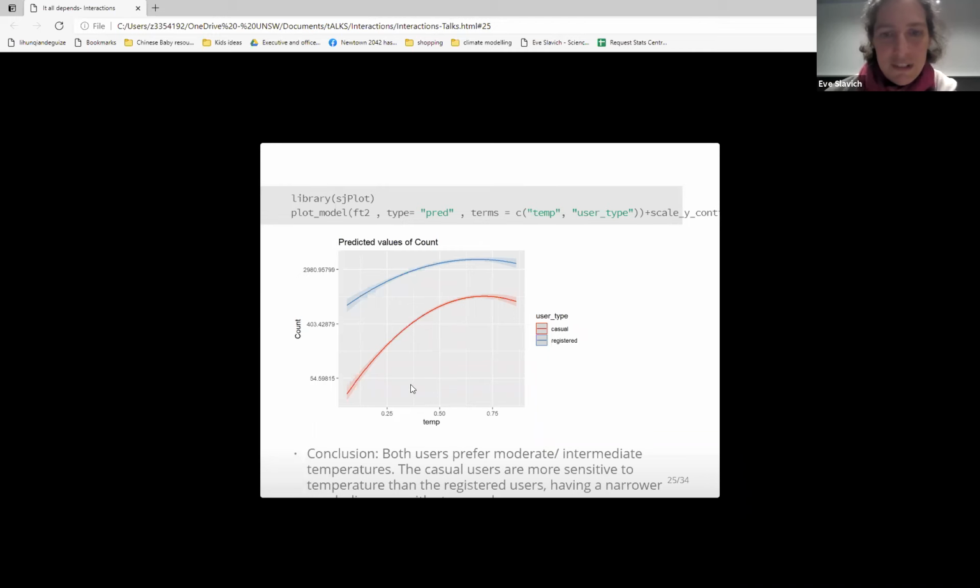But the casual users are more sensitive to temperature than the registered users, because this polynomial curve is steeper. And you can actually see that in the coefficients because it's got a larger negative coefficient on the quadratic term.